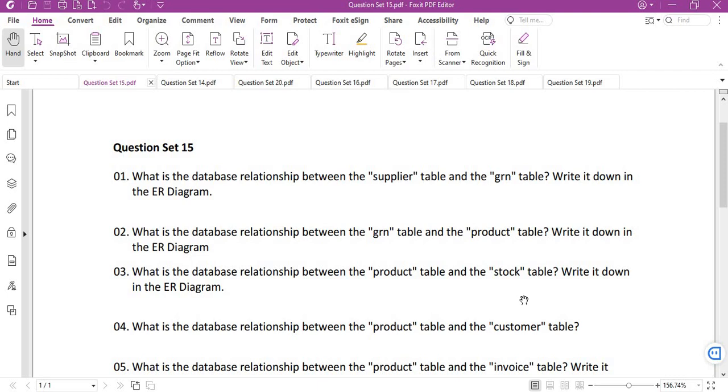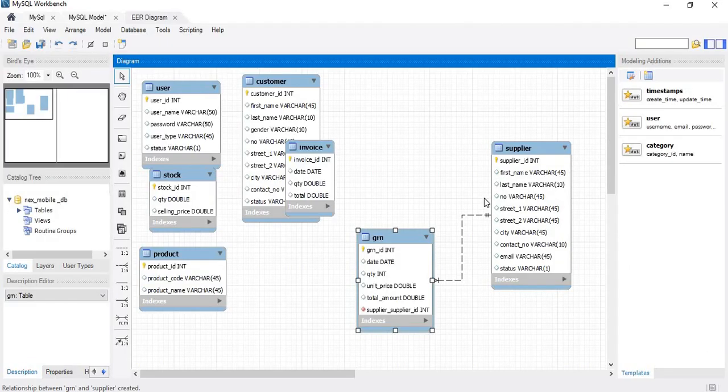What is the database relationship between good receive note and the product table? Write it down in the ER diagram. Now we will see the relationship between the good receive note and product. A good receive note can contain many products, whereas a product cannot have many good receive notes.